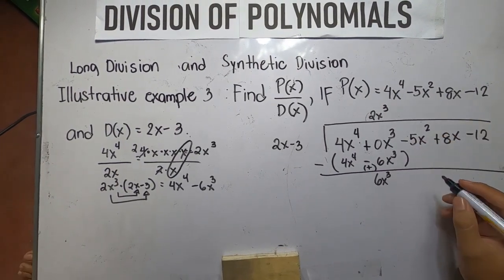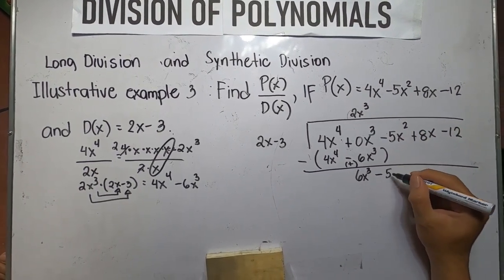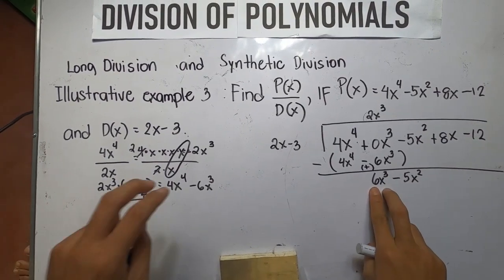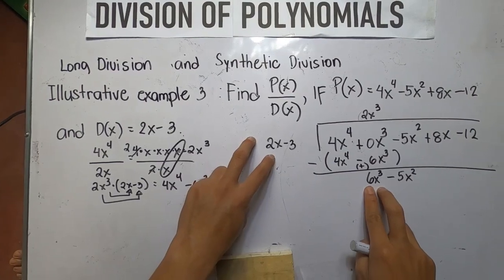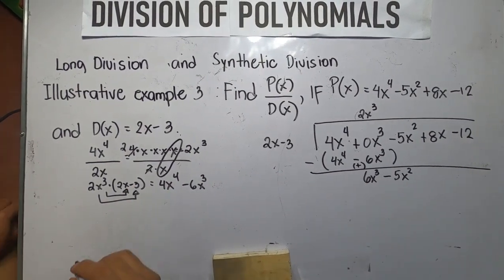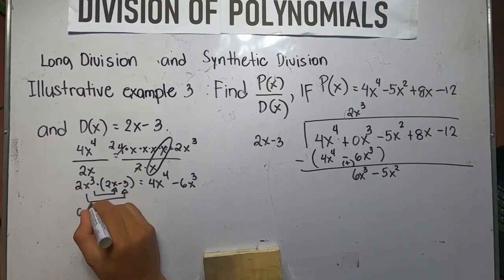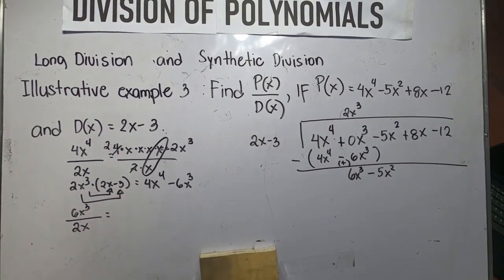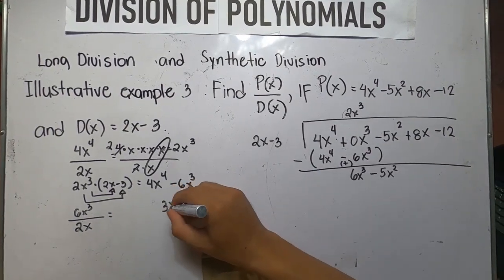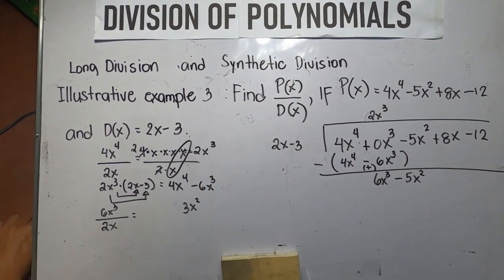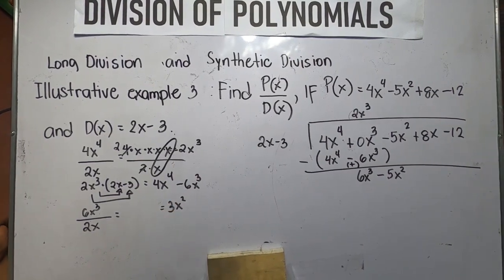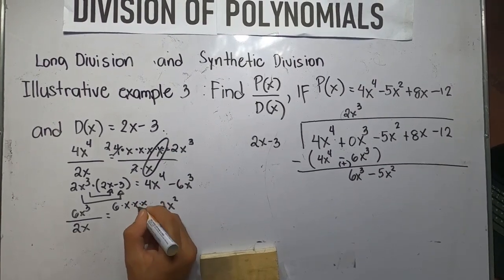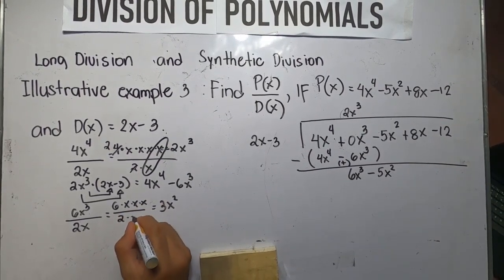Bring down the next term of the dividend, that is negative 5x squared. Then, divide again the leading term by the leading term of the divisor. That is 6x cubed divided by 2x, that is 3x squared by laws of exponent. So we can express the same expression as 6 times x times x times x divided by 2 times x.